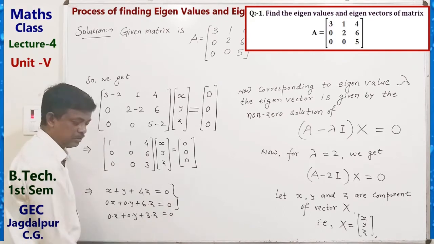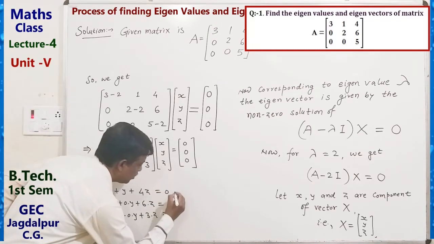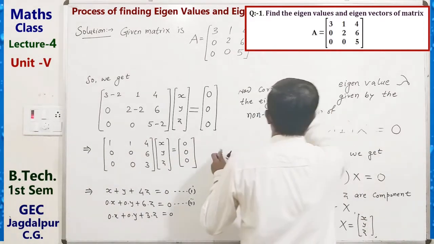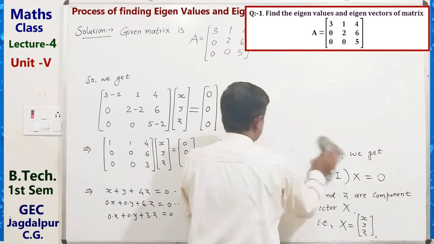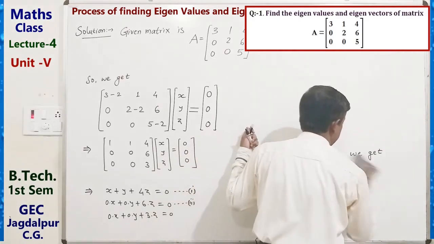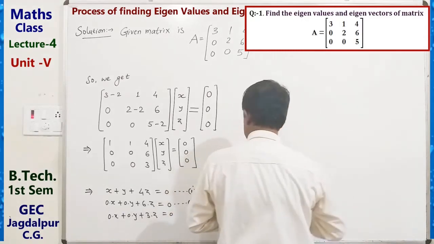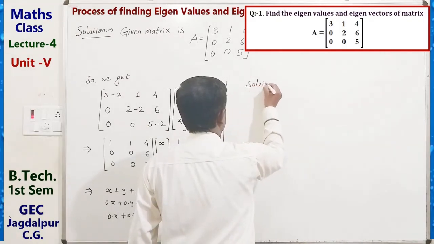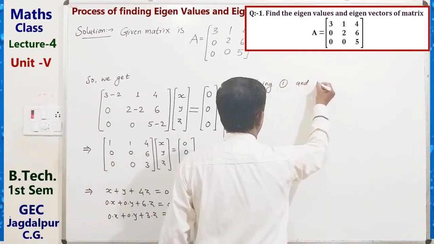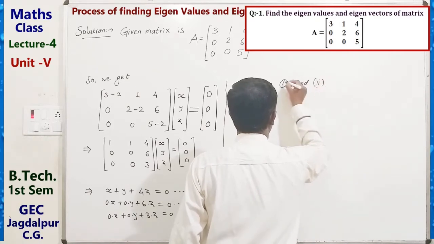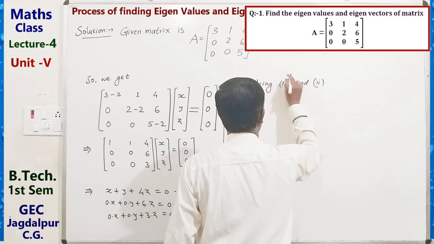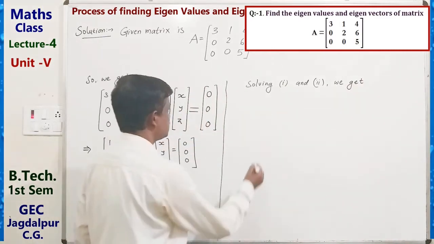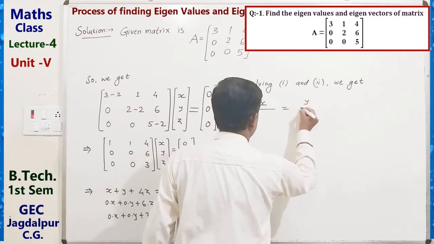Okay, equation 1 and 2, first and second. Solving these two by using the cross multiplication method, solving 1 and 2, we get, using the cross multiplication method, x upon, y upon, z upon.